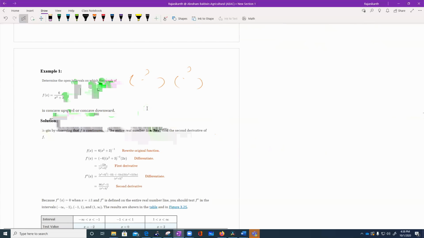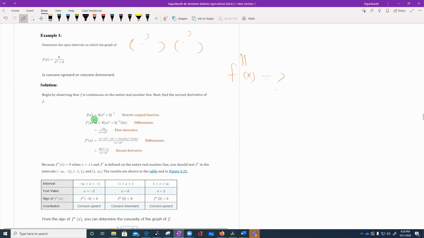So what is my first step? First step is to find points where the second derivative is 0. So I need to know the second derivative now. Take the function, find the first derivative, then one more time take the derivative of that function to get the second derivative. This is our second derivative, but simplify that one.